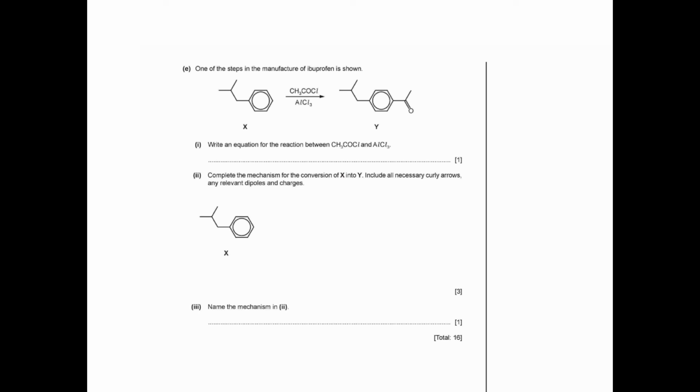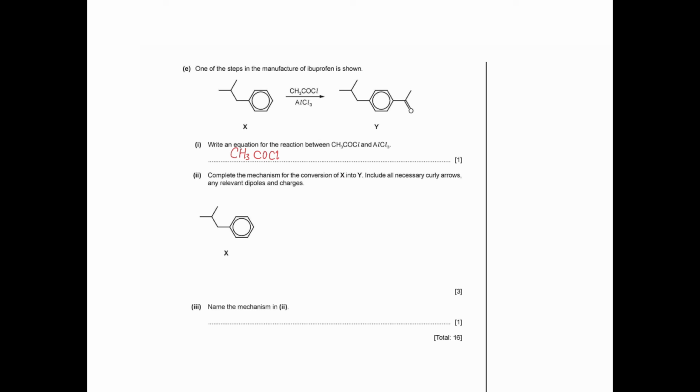Write an equation for the reaction between CH3COCl and aluminum chloride. To write the equation, of course, we have to know that aluminum chloride is the catalyst. The role of the catalyst here is to take the Cl, so that CH3CO becomes the electrophile, which is a positive ion.